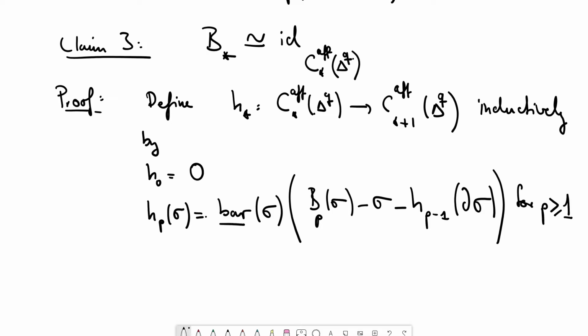It's also easy to see inductively that for the chain homotopy, if you look at H_P sigma, all the singular simplices that appear in that linear combination will lie in the image of sigma.